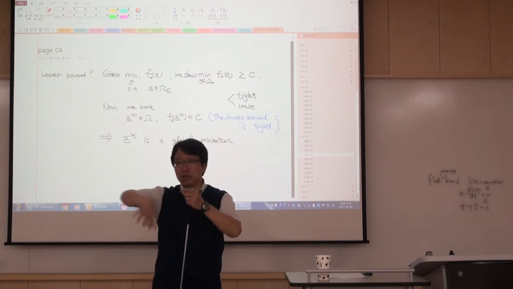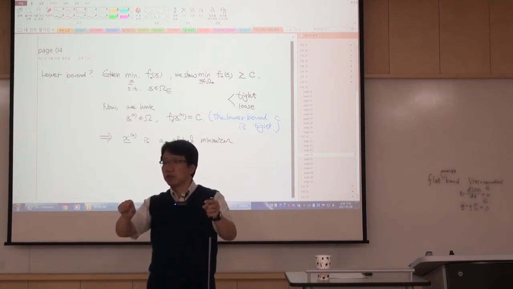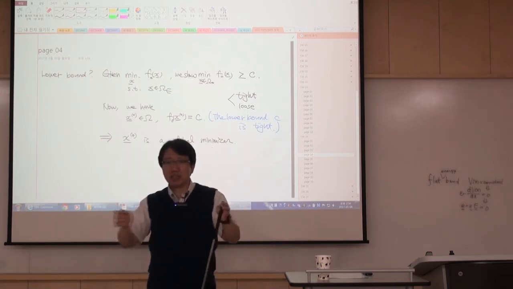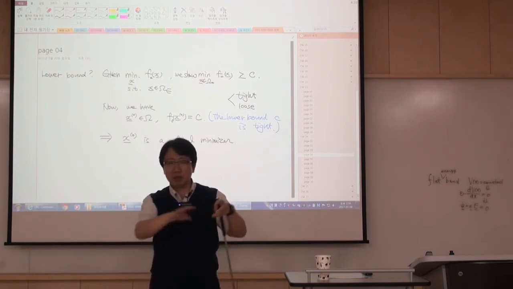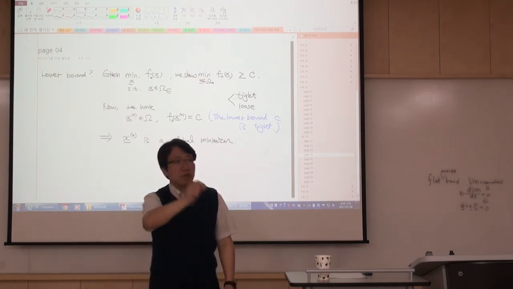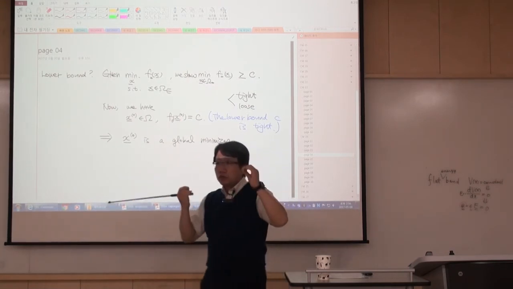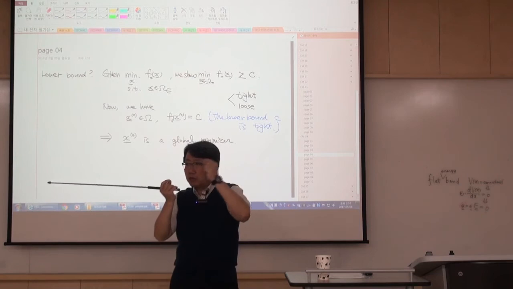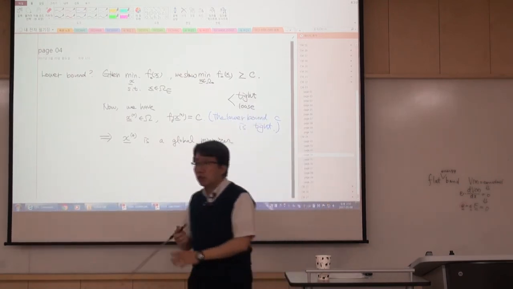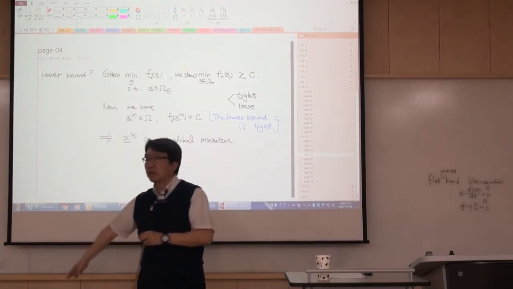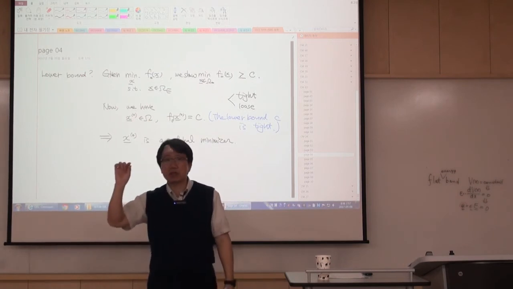And it says that after many iterations, okay, here is my answer. But definitely, with parentheses, I do not guarantee this is a global minimizer. This is a local minimizer. Now, you evaluate your objective function value. And you find that that is very close to your lower bound, somehow differently found. And you know that that gap is small enough.